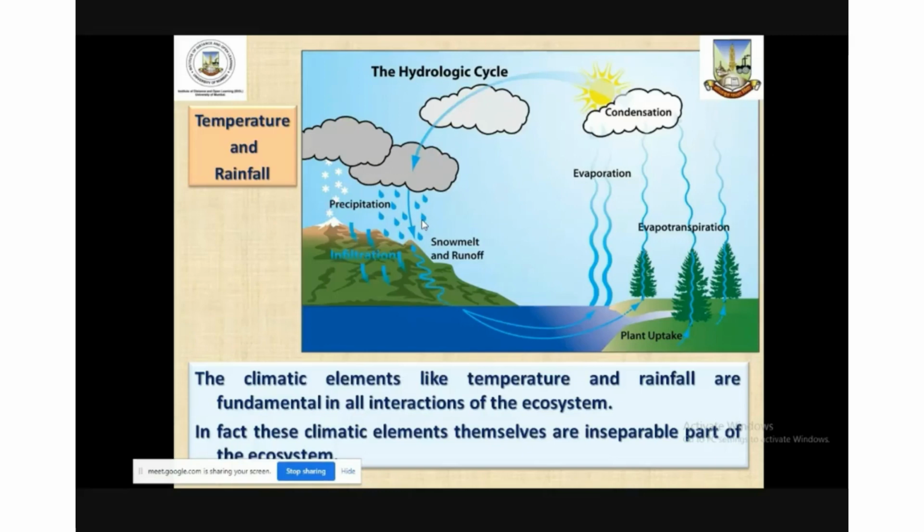And therefore, climate cannot be separated from the ecosystem, because various processes that operate in the ecosystem cannot be completed without the incorporation of climatic parameters. Temperature, rainfall, winds, evaporation, surface runoff, and various atmospheric circulations play a significant role in the sustenance of the ecosystem and also the energy flow of the ecosystem.